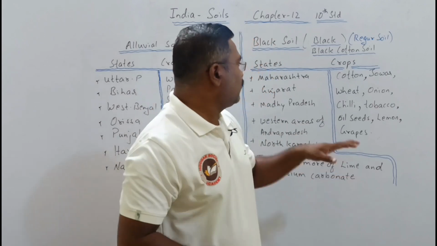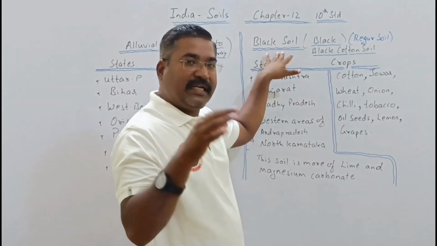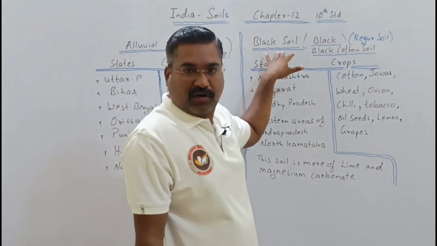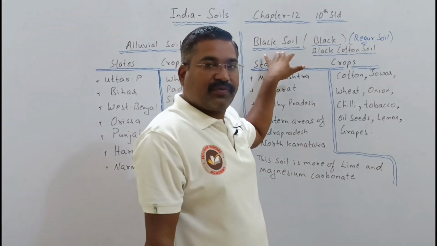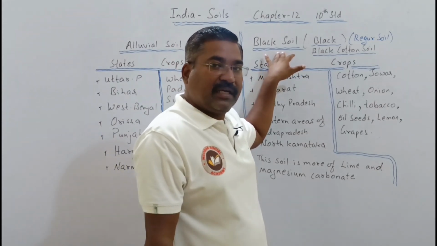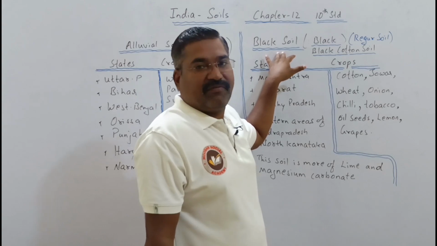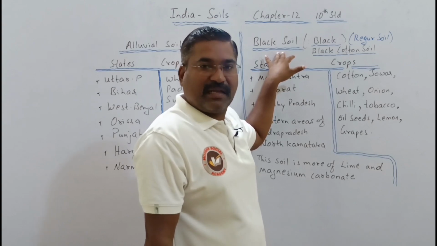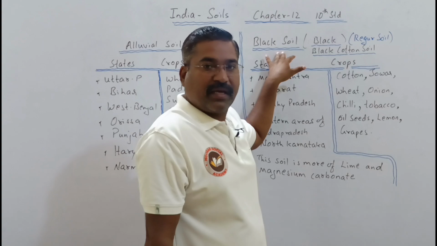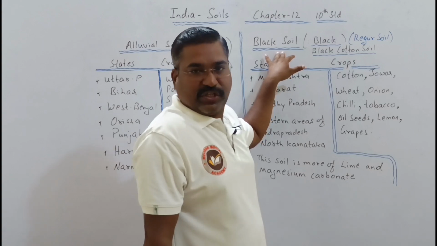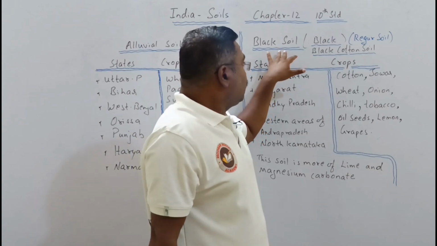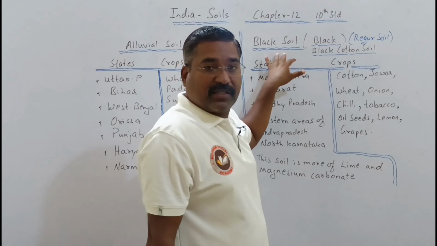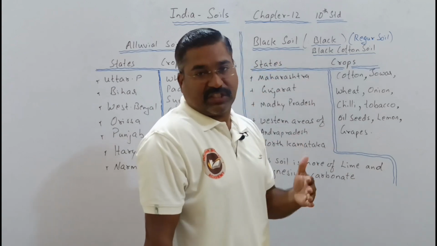And this soil called black soil is formed by igneous rocks. Now, we know that there are three different forms of rocks. One is called sedimentary, one is called metamorphic, and another one is called igneous rock. This black soil has been formed by igneous rocks.